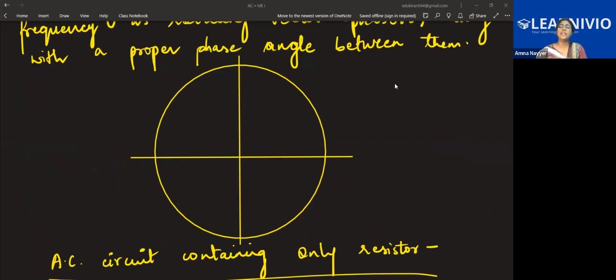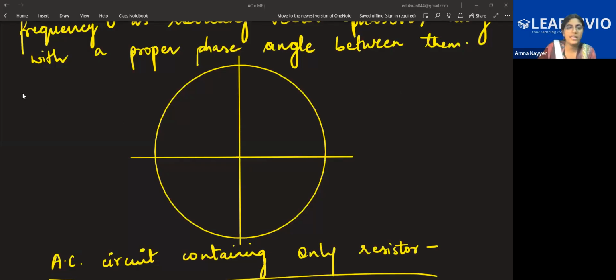Basically, there's a phase difference between these quantities which you have to understand. Phase difference means the angle between the waves. If a wave is starting from the origin and another wave is starting from the midpoint, there is a difference between these waves.